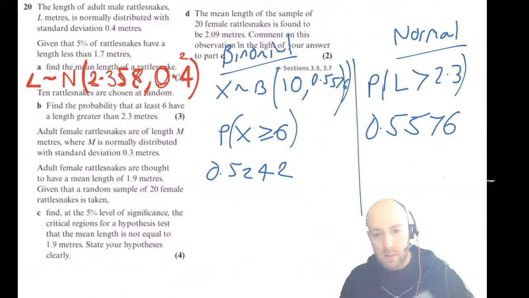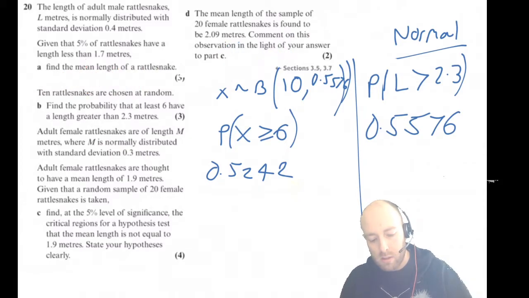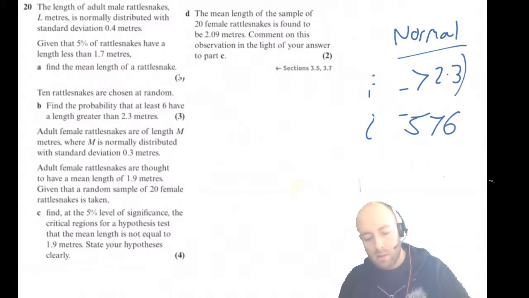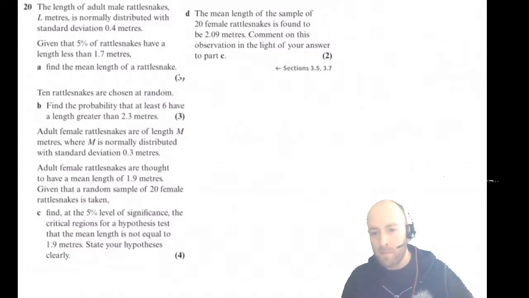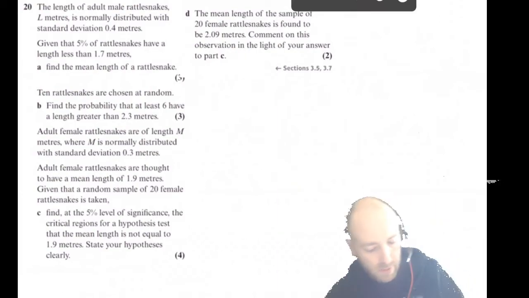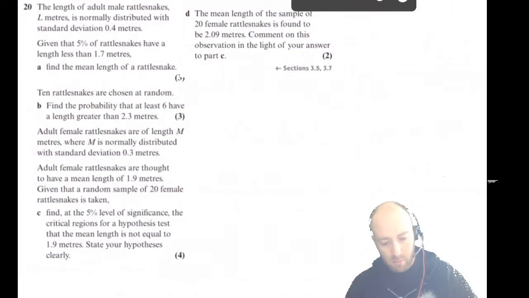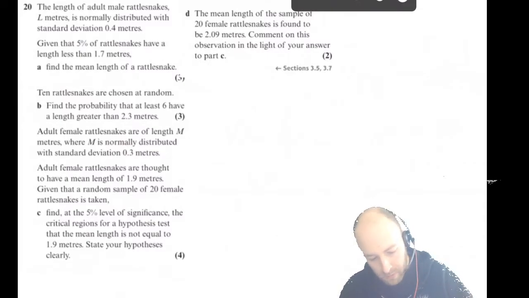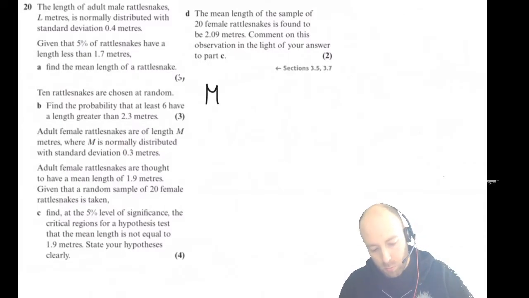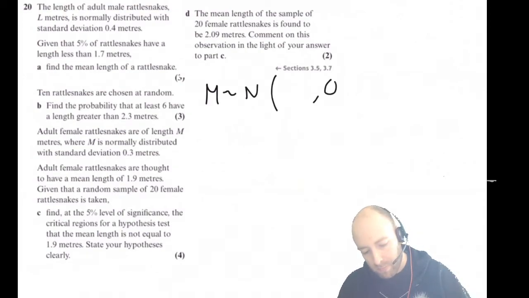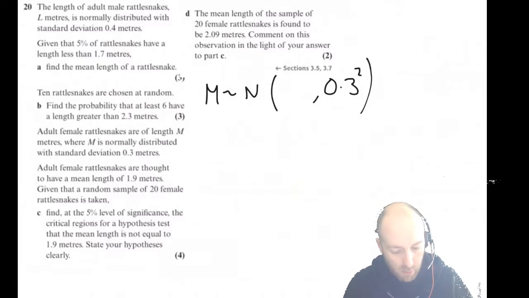Right, let's clear this. All right, so adult rattlesnakes are a length m. So, okay, we've got a new distribution now. And m is also normally distributed, and it's got a standard deviation of 0.3. Right, if we read further down the question, we're looking at a hypothesis test, and we think that the mean is 1.9.